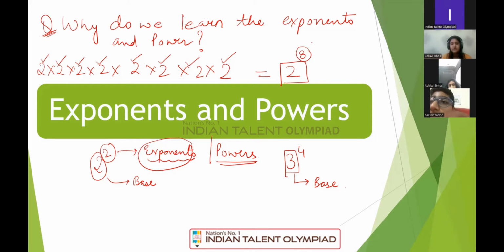If I say 4 raised to power 5, Harshit, can you tell me how to express this? Ma'am, 4 is base and 5 is power or exponent. So how to expand it, how to write it in multiplication form? Ma'am, 4 into 4 into 4 into 4 into 4.